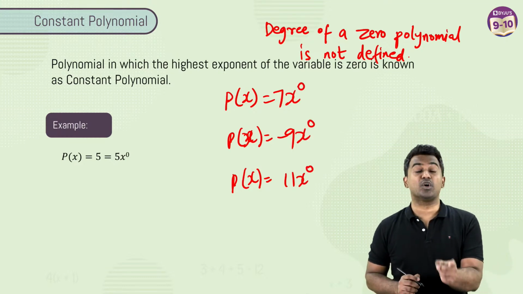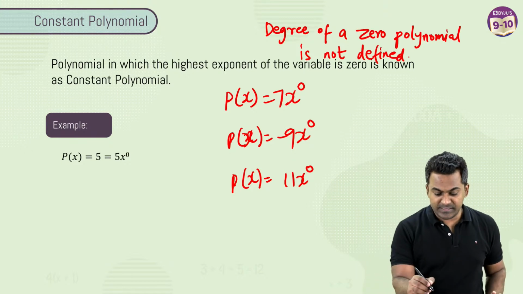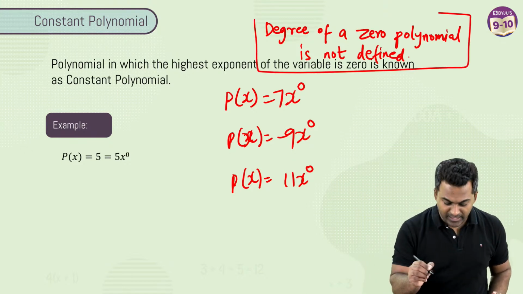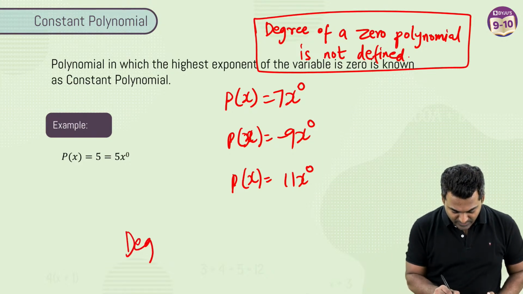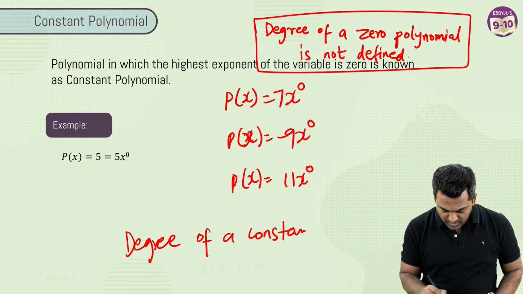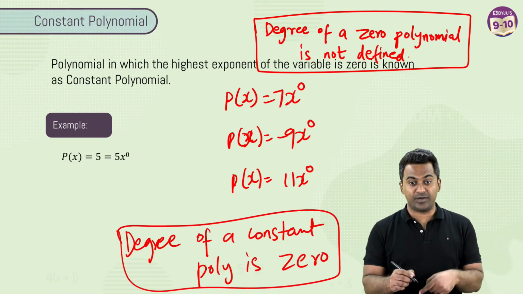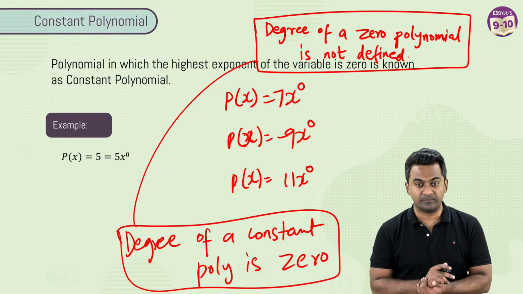The degree of a constant polynomial is going to be 0. So the degree of a 0 polynomial is not defined, whereas the degree of a constant polynomial is 0. I have written both these important points in a box.